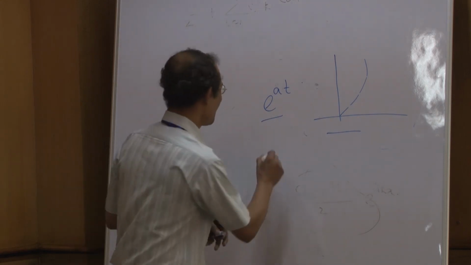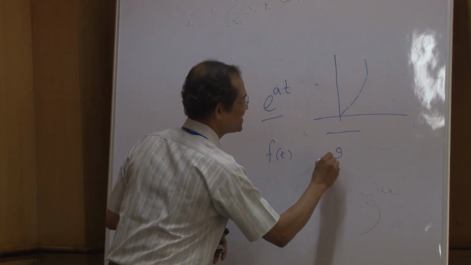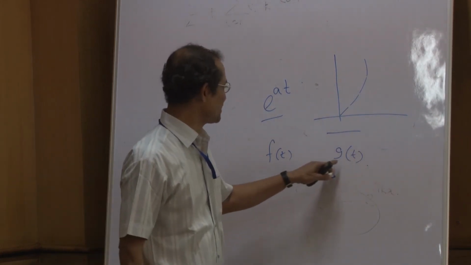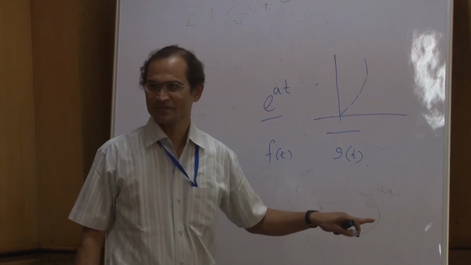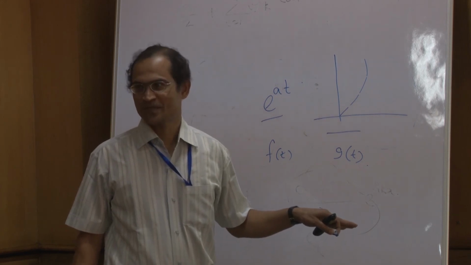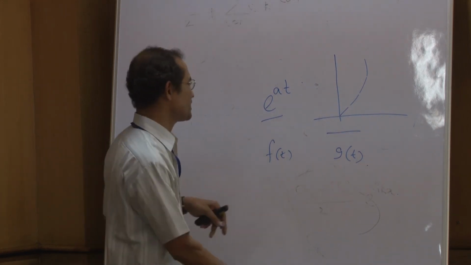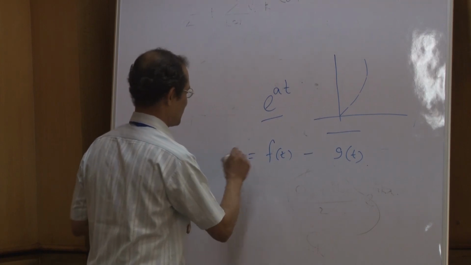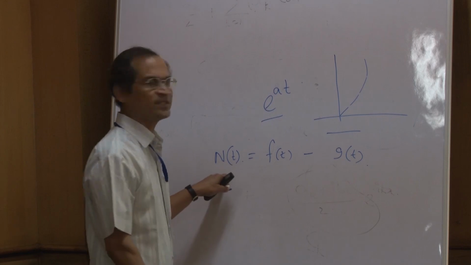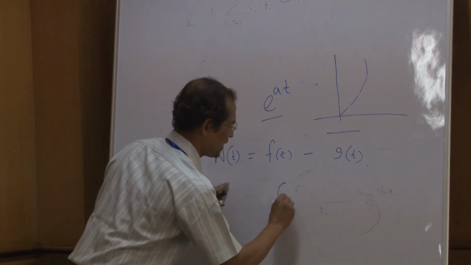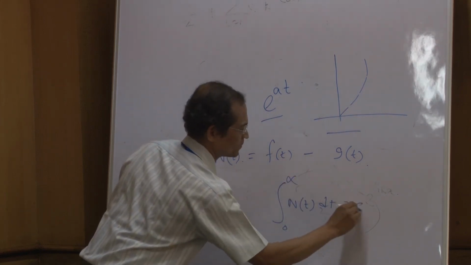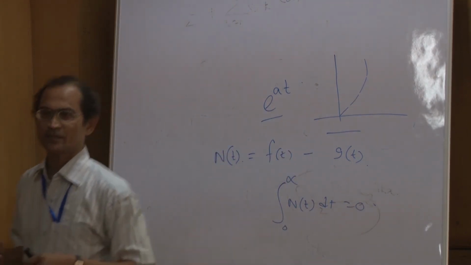So f(t) and g(t) can have the same transform, but two different inverse transforms. Lerch's theorem says that this will, however, always be true: if the difference is a function n(t), then the integral of n(t) dt will be 0. Have to.